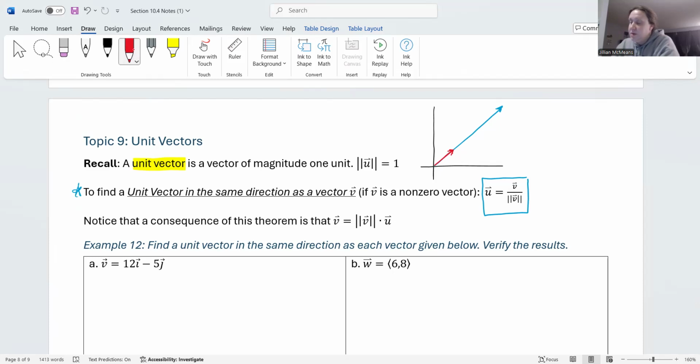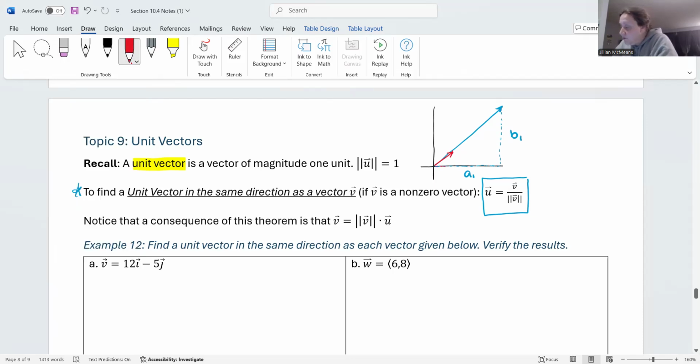Let's really think about what vector v is doing. We know that vector v has some horizontal and some vertical movement. Let's call this horizontal movement A1 and this vertical movement B1. When we look at this little unit vector, it's doing the same thing.